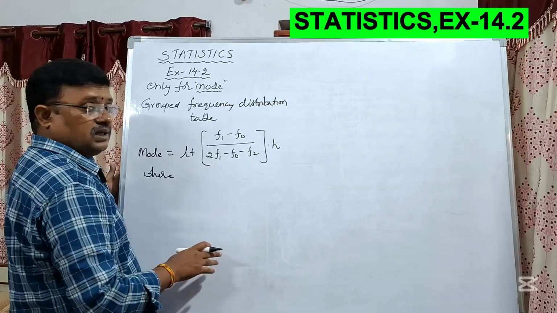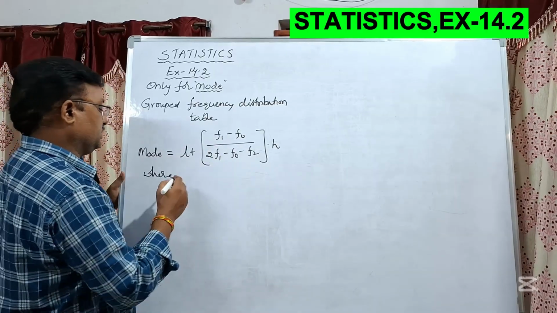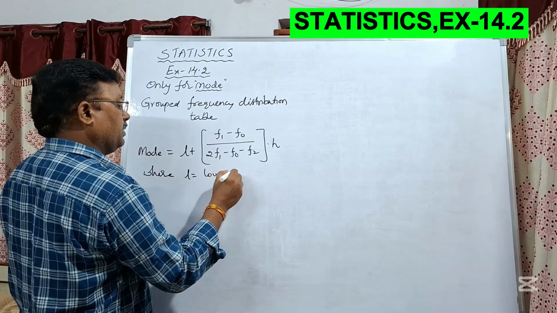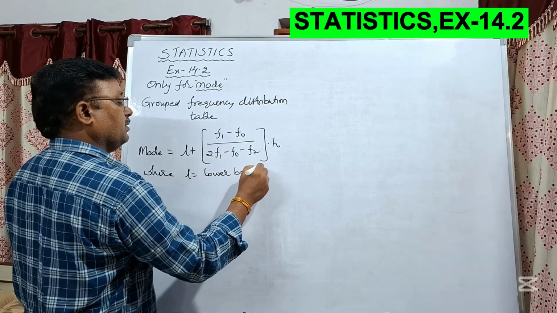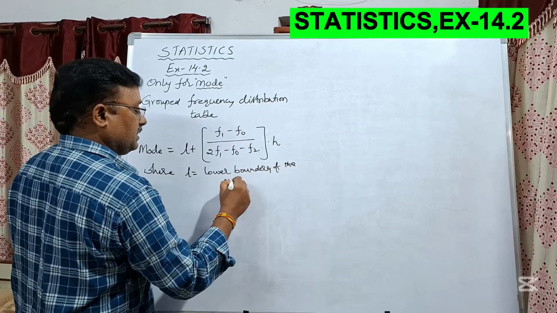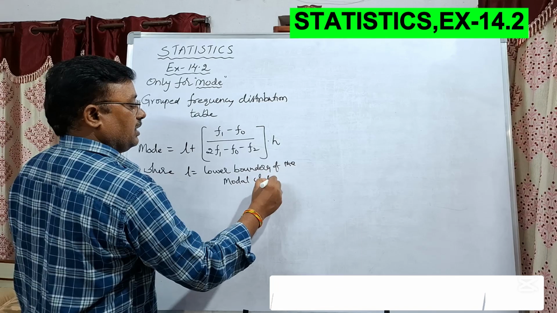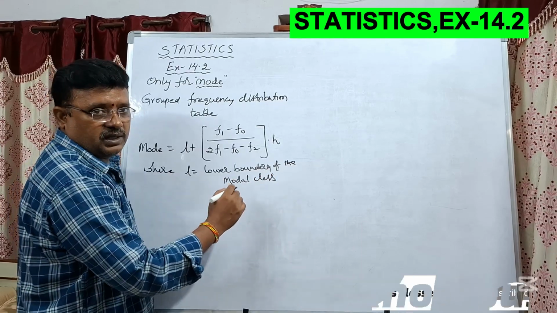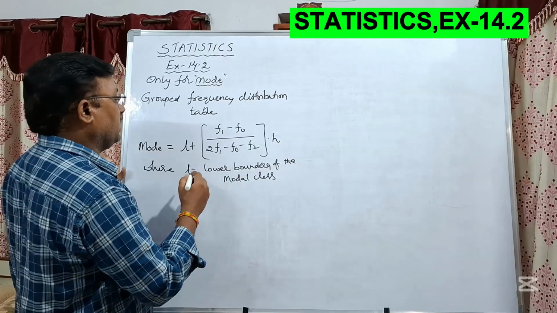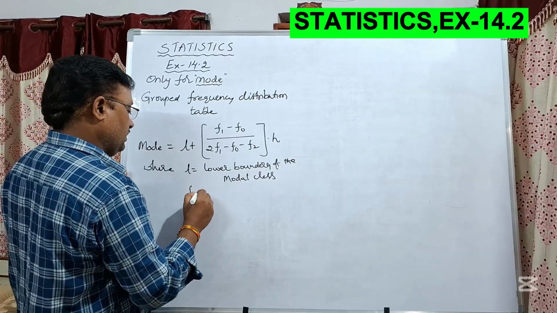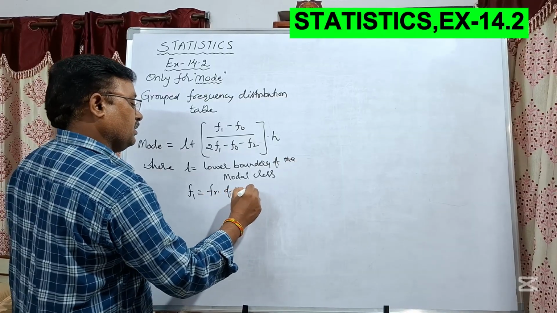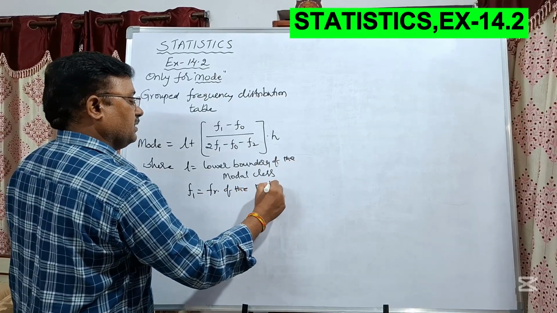So that's why we need the explanation of the terms, where L is equal to the lower boundary of the modal class. Got it? We need to recognize the modal class. That one I will explain in the problem while solving. Next, f1 is equal to the frequency of the modal class.